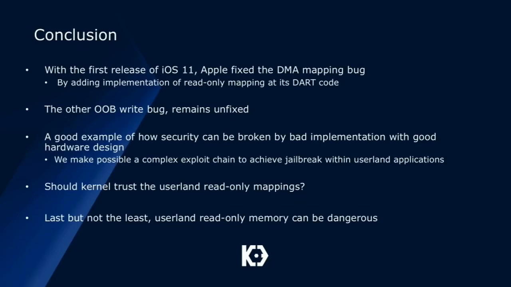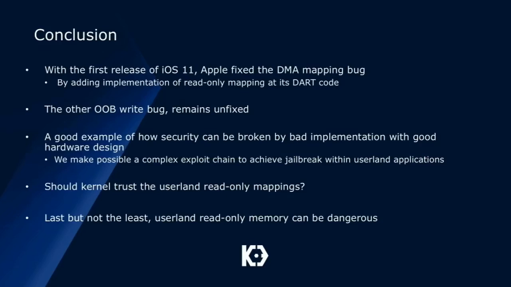At this stage, it is still safe to say that with the first bug fixed, the trust boundary of the userland read-only mapping is back, so you don't need to fix the second bug. But it brings a problem to us. Should we actually trust the kernel's userland read-only mappings?